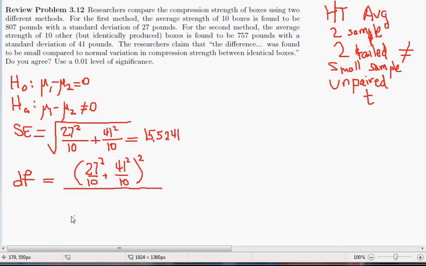And on the bottom, it'll be 1 over 10 minus 1 times 27 squared over 10, whole thing squared, plus 1 over 9 times 41 squared over 10, whole thing squared.